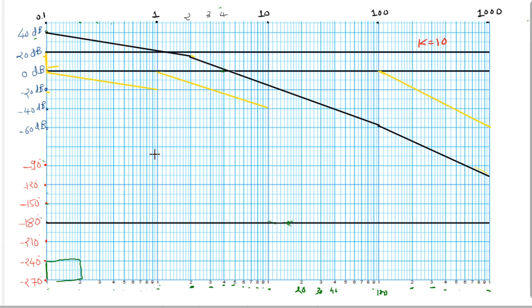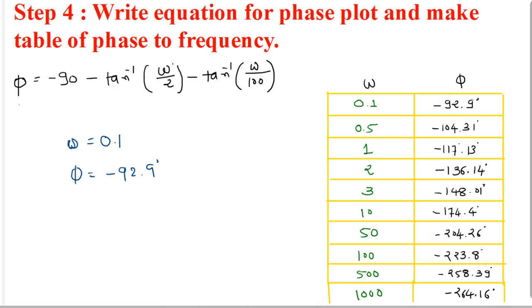Now identify gain margin, phase margin, gain crossover frequency, and phase crossover frequency. First I am drawing the phase angle using this table.